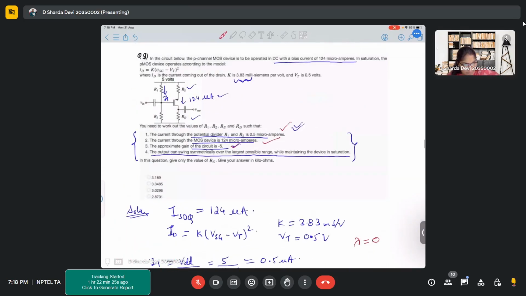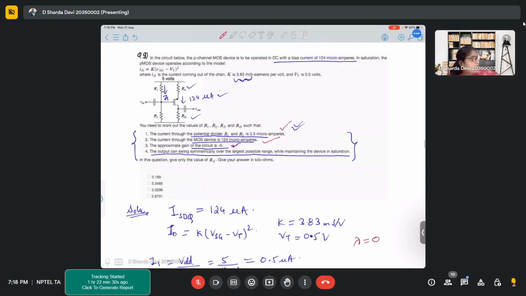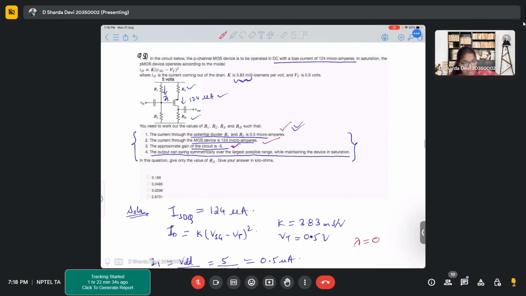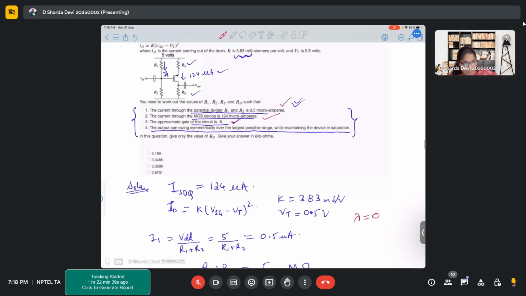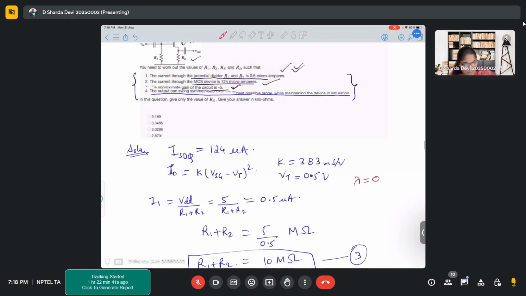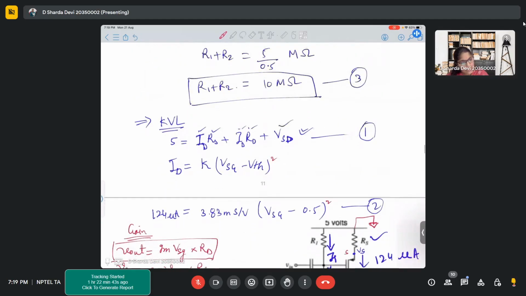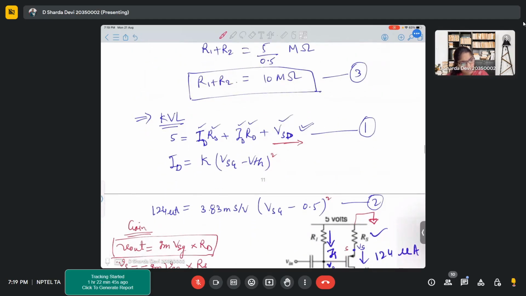but V out is Id into Rd. So we have this formula. Id is known to us. Rs and Rd we have found a relation. Vsd is not known to us. Okay.